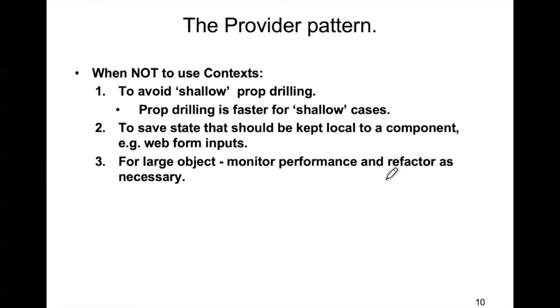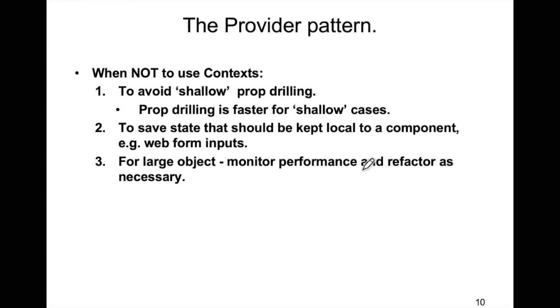The third case, again, would only arise in a production environment, but if the objects within your context construct are very large in terms of their nesting, then it may lead to poor performance of your React app in terms of responsiveness. Again, I'm only documenting this for the sake of completeness. It won't arise in our case.